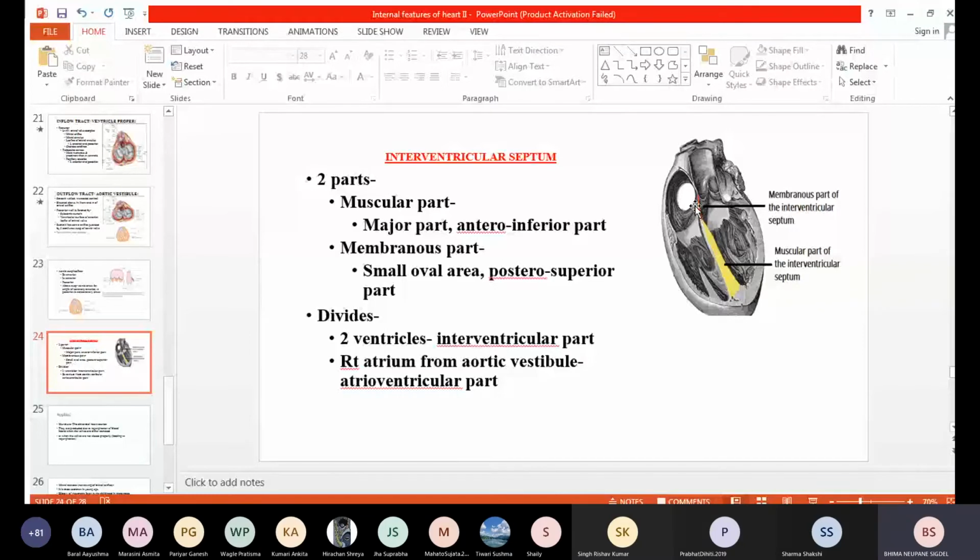The two ventricles are divided by the interventricular septum, and the right atrium from the aortic vestibule is also separated by this. The two ventricles, and the right atrium from the aortic vestibule, are separated by the interventricular septum.